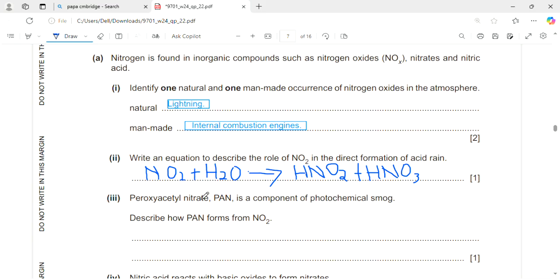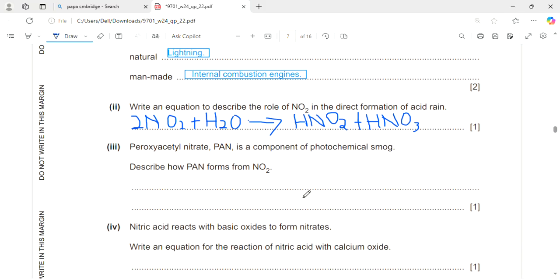I think it's not balanced. We should make it balanced. I think we have 2N on the product side. If I put 2 here, the left-hand side to the right-hand side, it's 2 nitrogen, 2 nitrogen. I think 2 to the 4 plus 5 oxygens. Yes, there are 5 oxygens, or 2H. Now is it balanced?